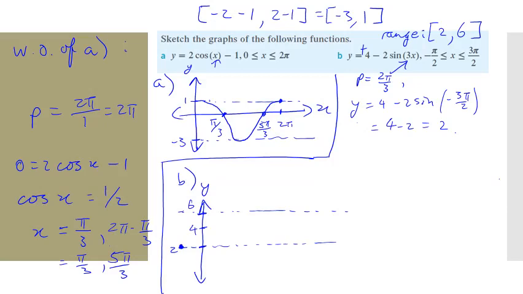I should probably extend this a little. Alright, we're starting off here at negative pi over 2. Then we're stopping at 3 pi over 2. What's that?